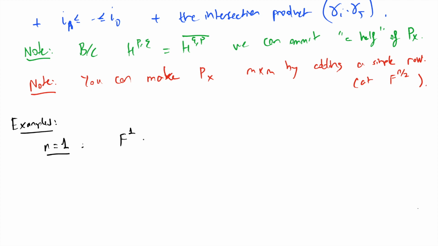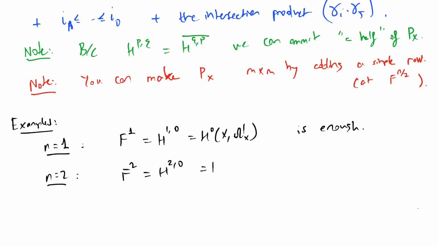Here F^1, which is just the holomorphic forms on the curve, is enough to recover the Hodge decomposition. So you take exactly one half of P_X. For n equals 2, this observation is a little bit more useful because it turns out that F^2, which are now the global holomorphic 2-forms on the surface X, is enough.